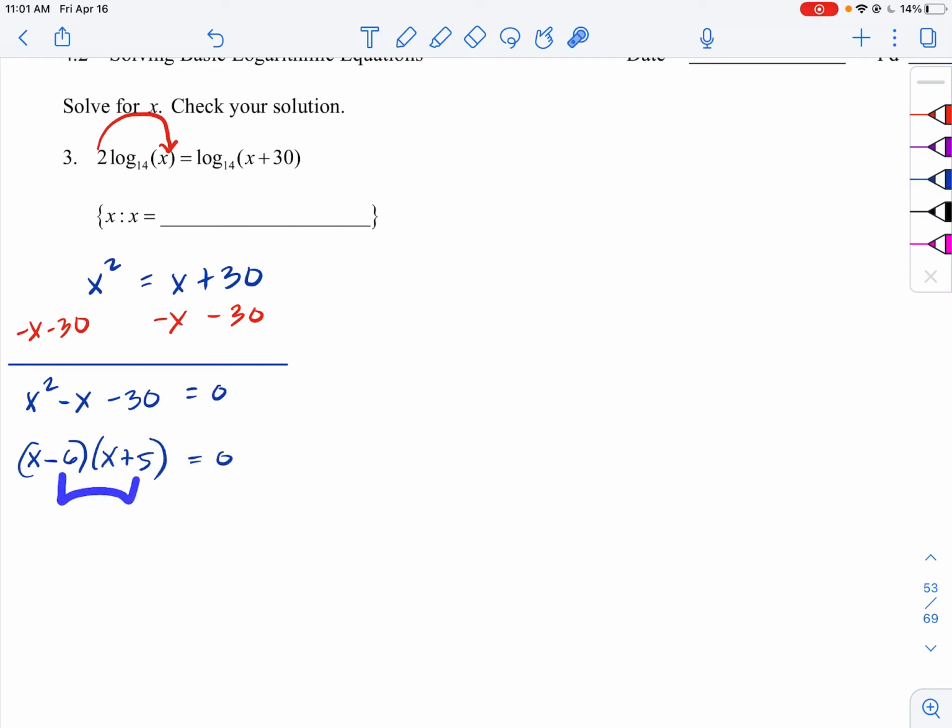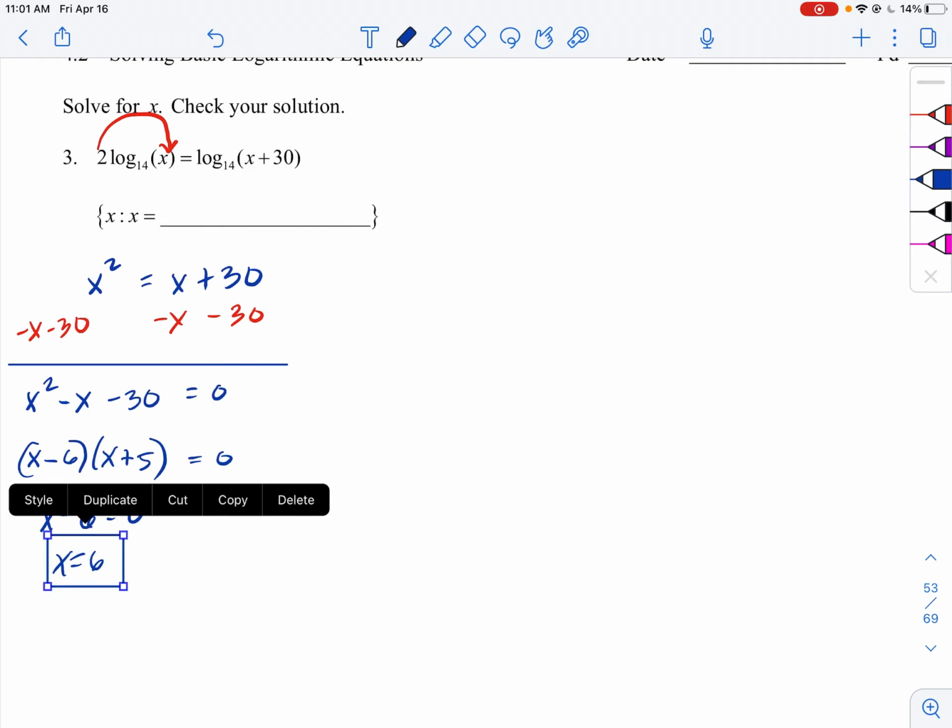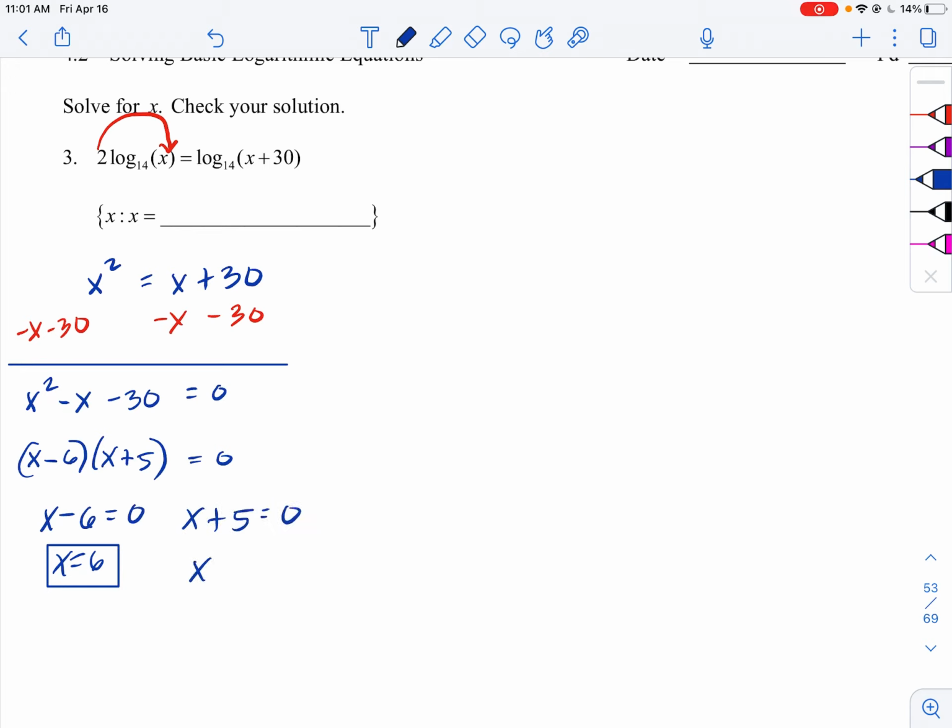Because negative 6 times 5 is negative 30, and negative 6 plus 5 is negative 1, the number in front of the x. Okay, so again, if I'm too fast, you can always pause the video, rewind the video, and rewatch it over and over again. So I am going to have a negative 5 and a positive 6.